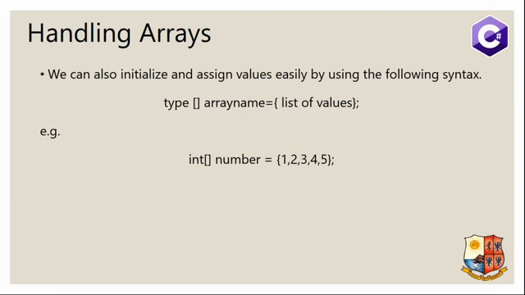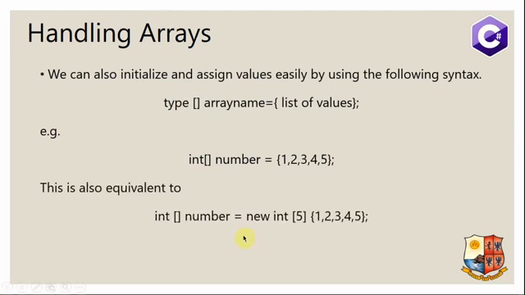I can keep on putting as many values as I want. What happens here is it creates an array with whatever numbers you have given, and the size is automatically initialized based on the number of values you pass within the flower brackets after a comma. This is also a way of initializing and assigning values in one line, one syntax.